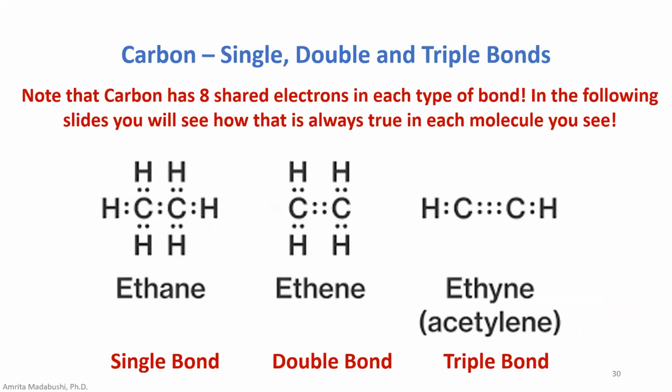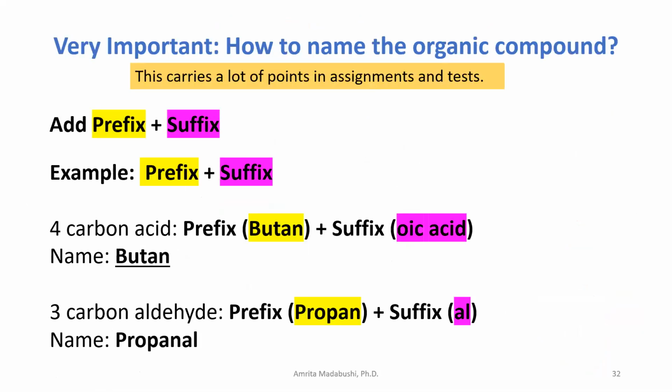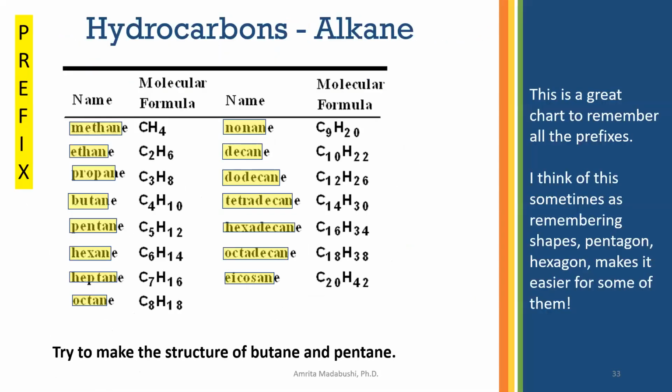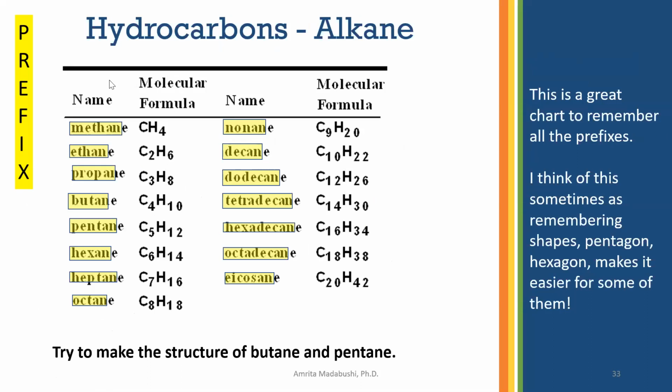Okay. Now about the kind of questions. I would highly recommend that you get familiar with this table. One of the problems that I notice is that people may not remember that for C2 the prefix is ethane.